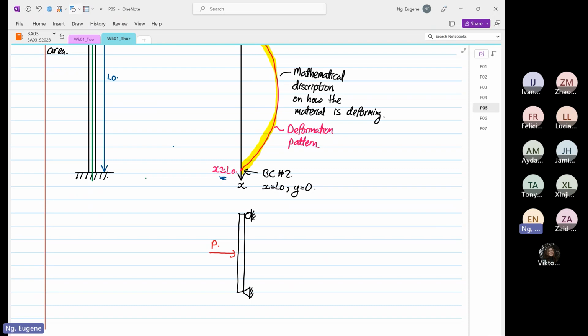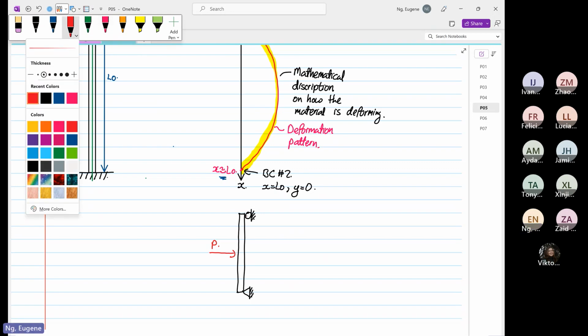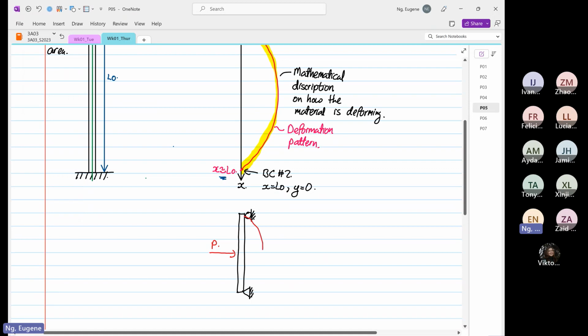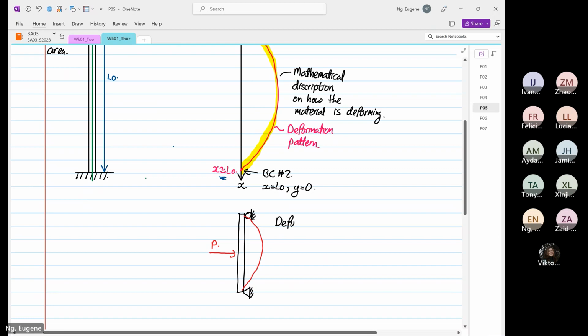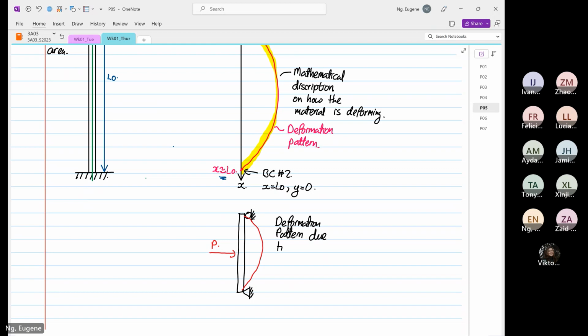We have a deformation pattern exactly the same as buckling. Yes or no? This is due to the bending moment.